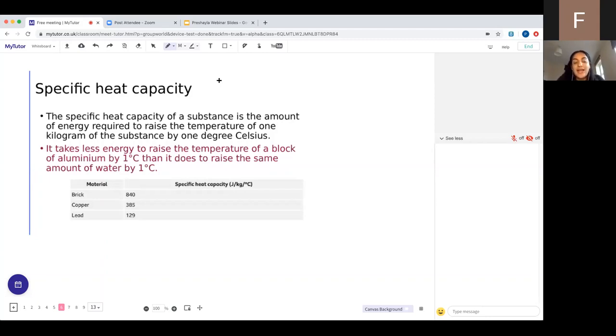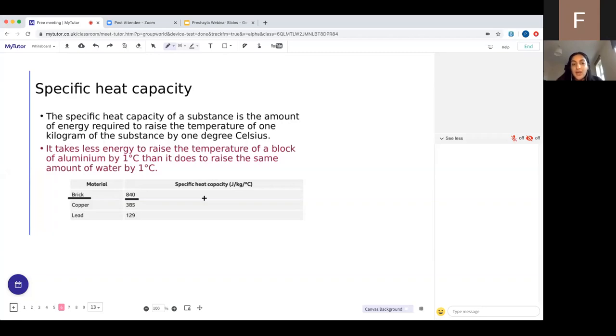So let's say we have a brick. Okay, so you can see that brick has a specific heat capacity of 840 joules. Brick, 840 joules. Okay, so that is the specific heat capacity for brick. That doesn't change.